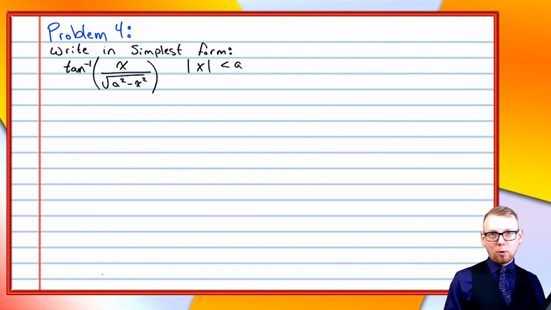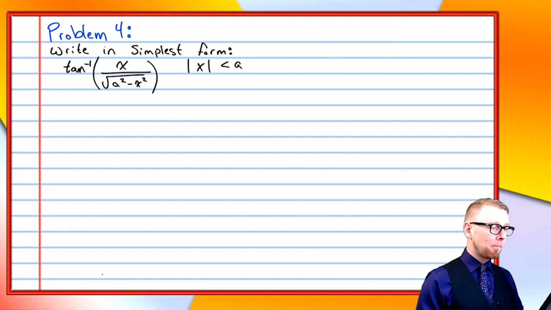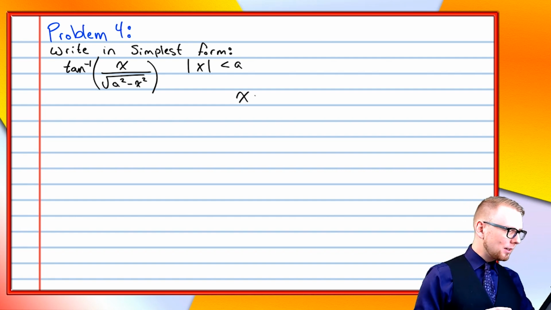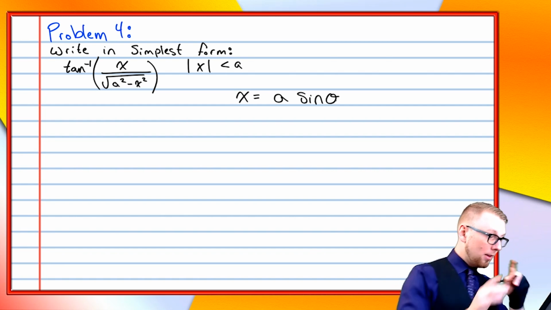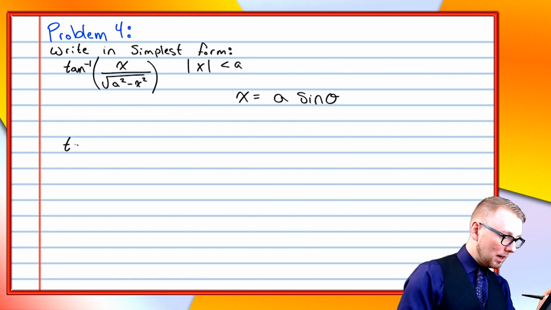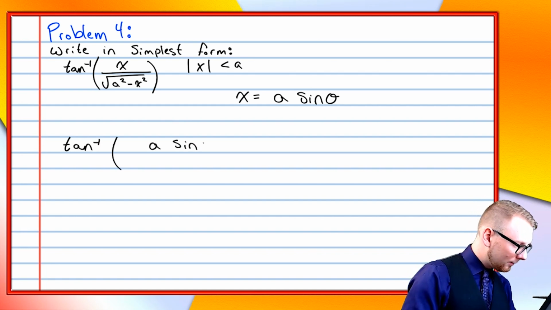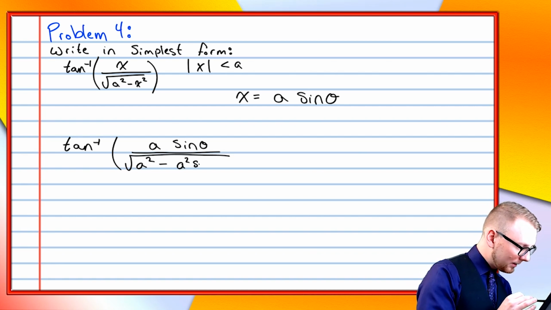All right, problem 4. We've got another one where we have to write it in simplest form. Again, we're going to use a little trick here, but we're going to let x equal a sine theta. All right, let's do this. That means this is going to turn into tan inverse of a sine theta over the square root of a squared minus, well, now x squared is a squared sine squared theta.